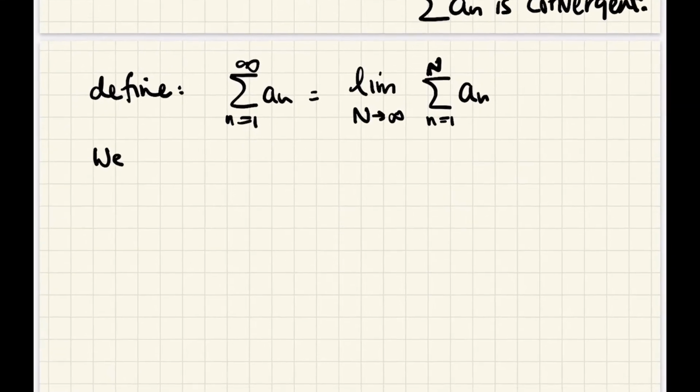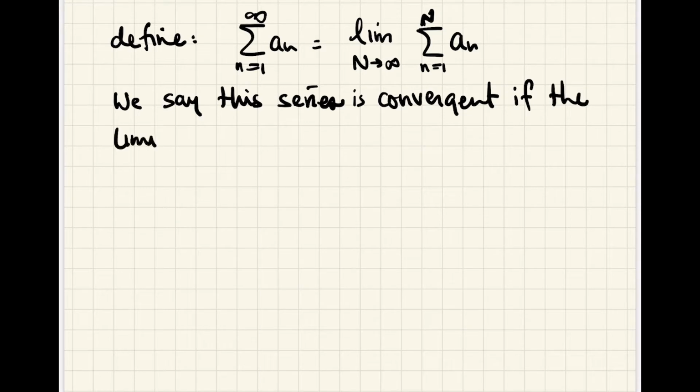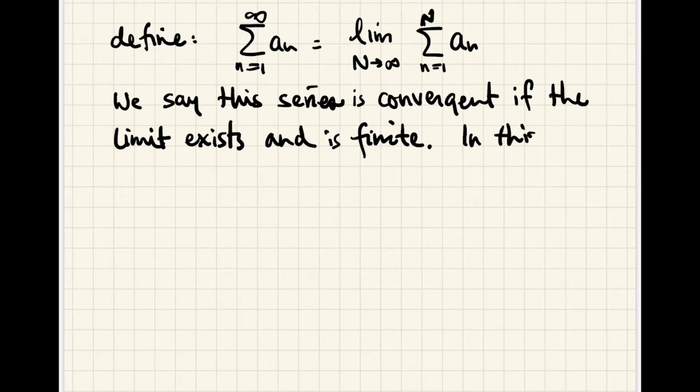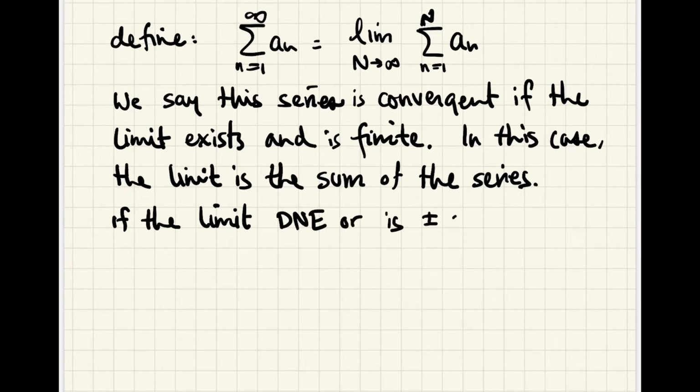Okay, so we would say that this series converges if the limit exists and is finite. And in this case, the limit itself is the value of the sum. If the limit does not exist or evaluates to plus or minus infinity, then we say the series is divergent.